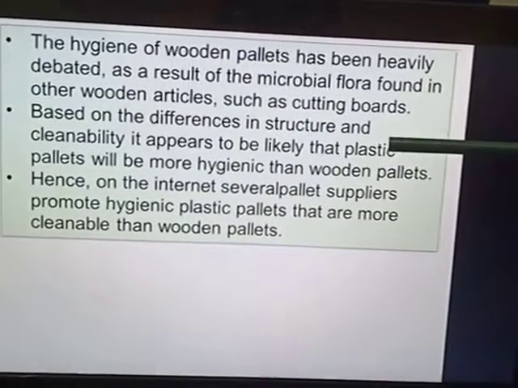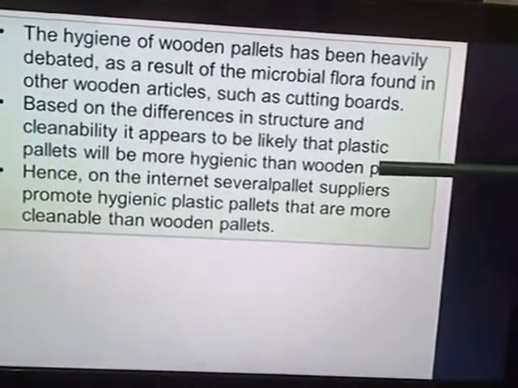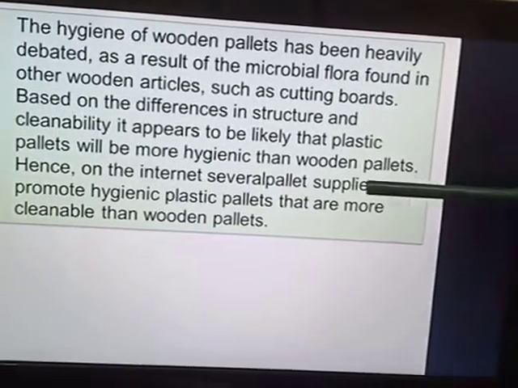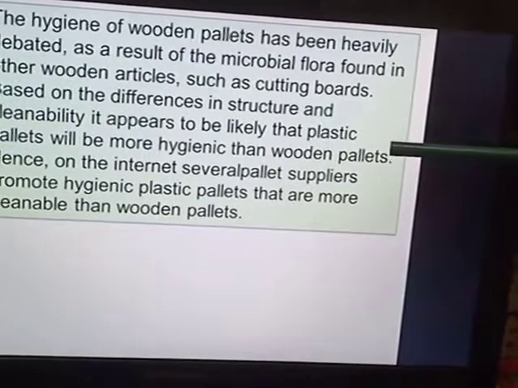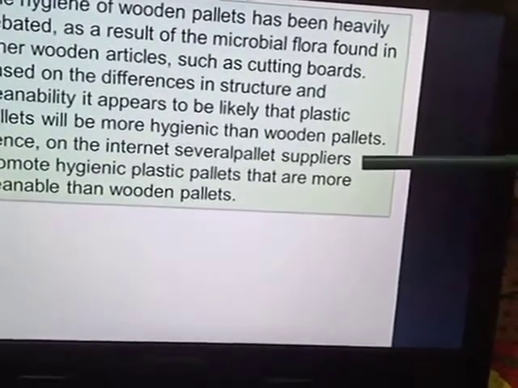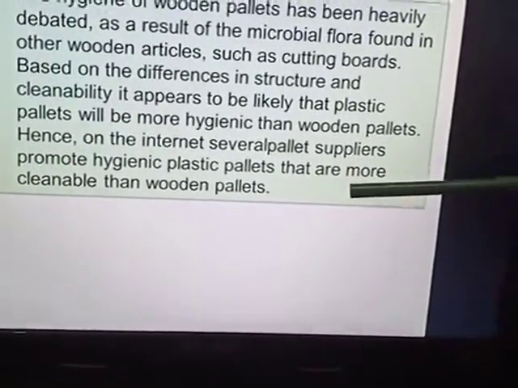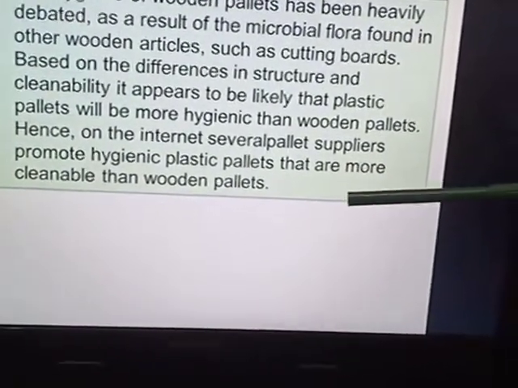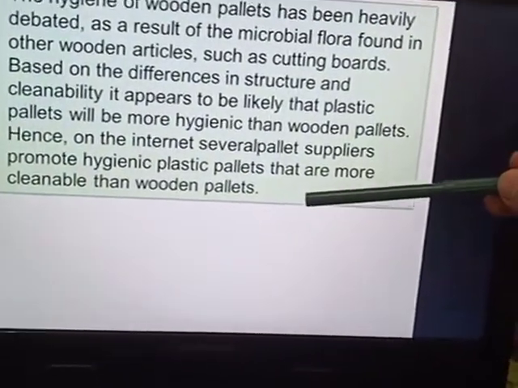Based on the differences in structure and cleanability, it appears likely that plastic pallets will be more hygienic than wooden pallets, because they are easier to clean, so plastic pallets are more acceptable. Therefore, on the internet, several pallet suppliers promote hygienic plastic pallets that are more cleanable than wooden pallets.